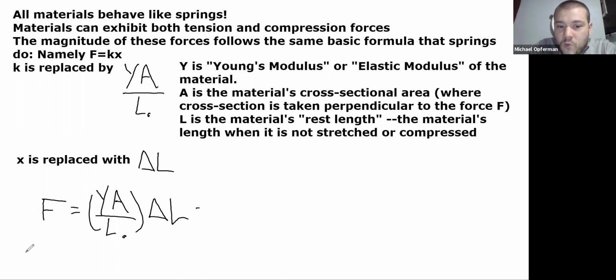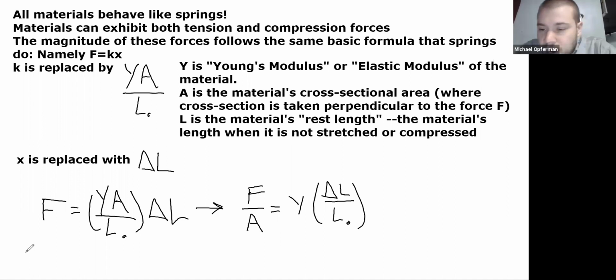More commonly, the way people write this is they put F over A on the left-hand side of the equation, and then they put Y here, and then they put delta L over L like this. So this is just a simple algebraic rearrangement of the variables. And the reason they do that is just because these are kind of the more practical quantities to deal with.